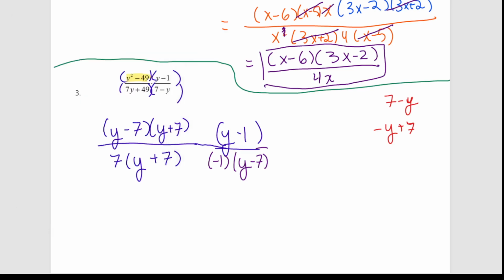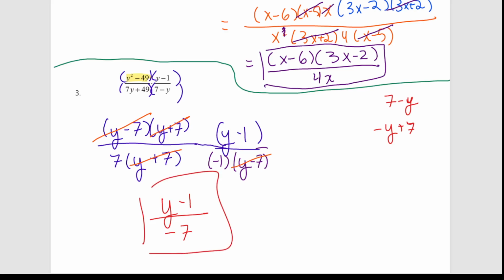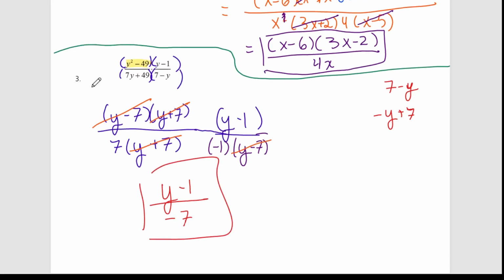Part of the reason I know I did that wrong is because then I notice here that y plus 7 divided by y plus 7 is going to make 1. Y minus 7 divided by y minus 7 is also going to make 1. So what I will be left with as my final answer is still in my numerator y minus 1, and in my denominator, 7 times negative 1 will give me negative 7. And that would be my nice, beautiful final answer.